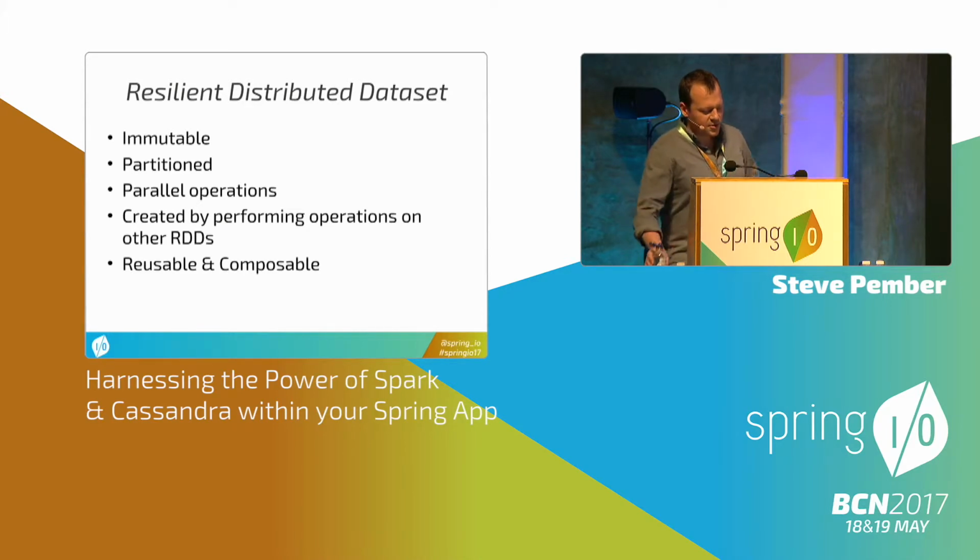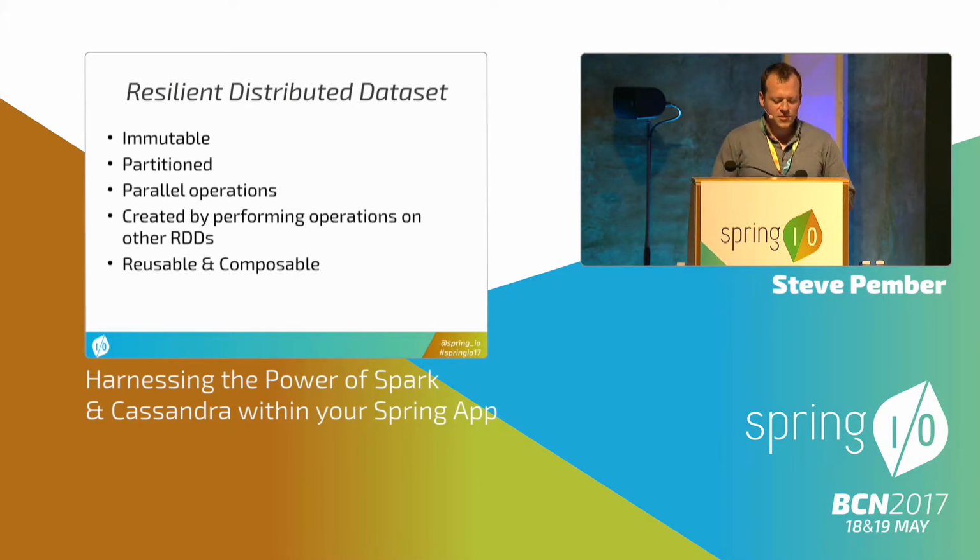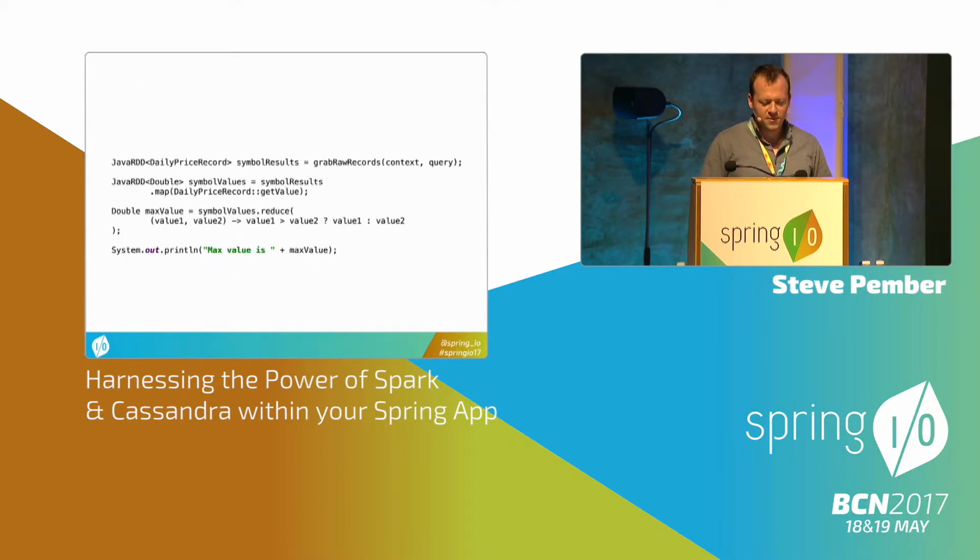Now, RDDs are interesting because an RDD is an immutable data structure that supports parallel operations. RDDs can only be created by performing actions against existing RDDs. They are reusable and composable and cacheable, which is interesting for reuse. But what is it like to work with? Here's a very simple example of an RDD in action.